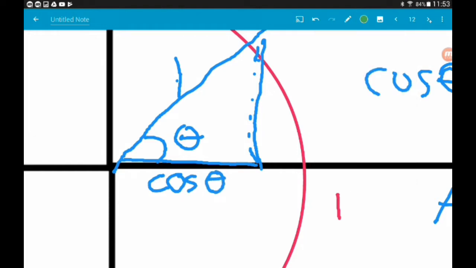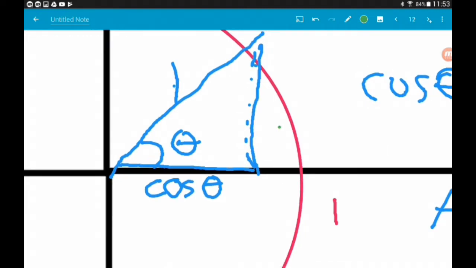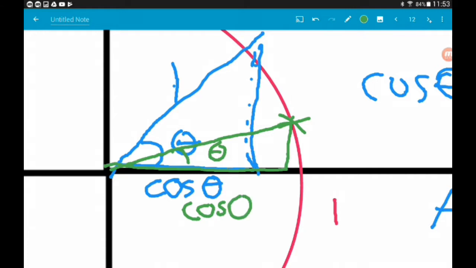So if our point was to move, say, to here, we would then have this triangle. Notice here then, theta would be smaller, but cos of theta has now got bigger, so it's getting closer and closer towards 1.